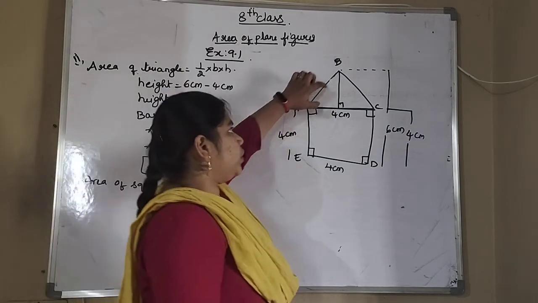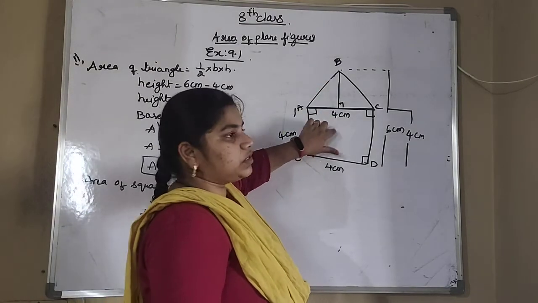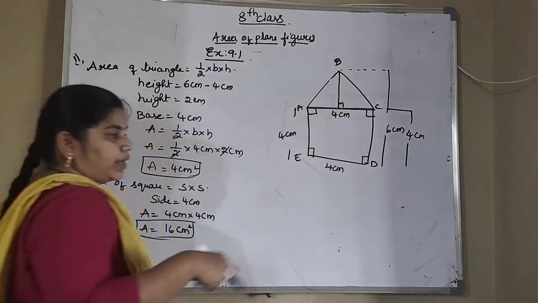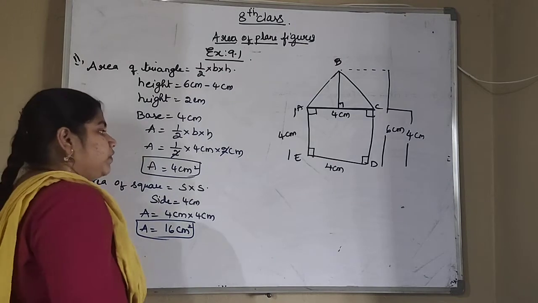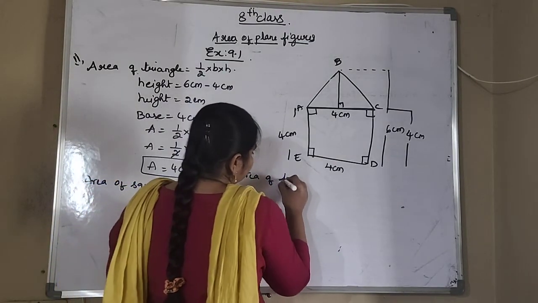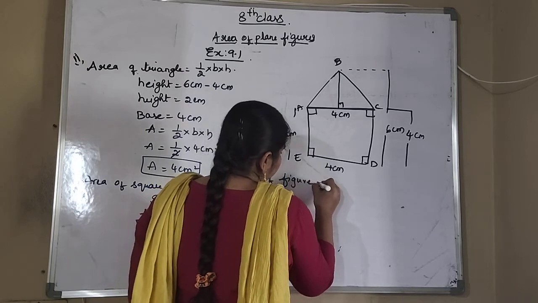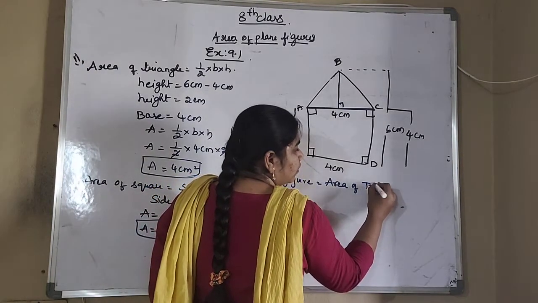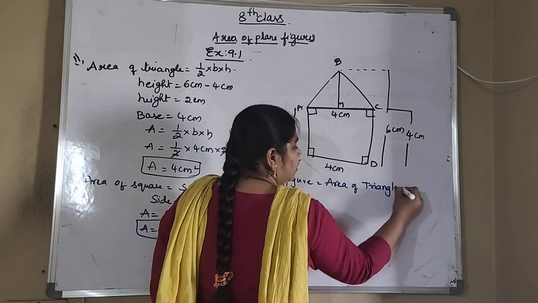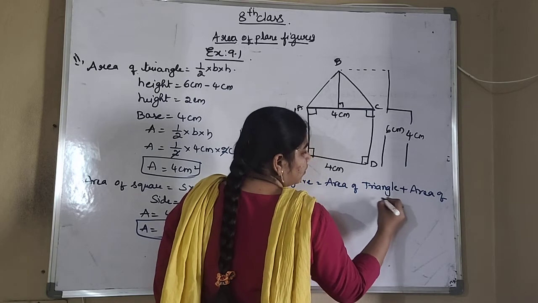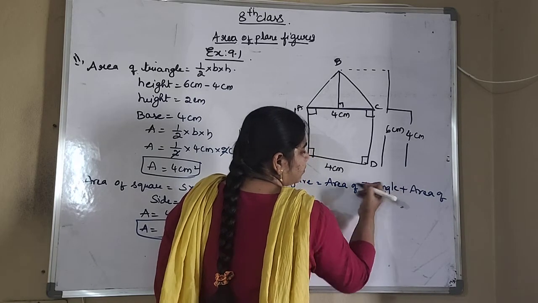So you got the area of the triangle and the area of the square. Now if you add the area of the triangle and the area of the square, you will get the area of the given figure. So area of figure equals area of triangle plus area of square.